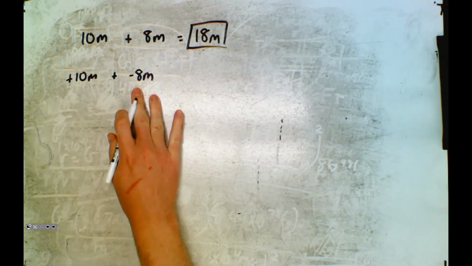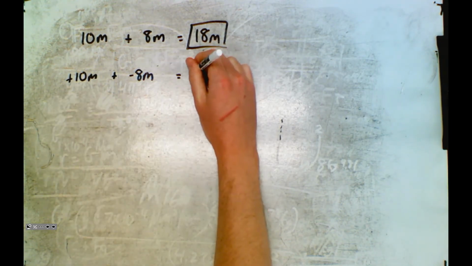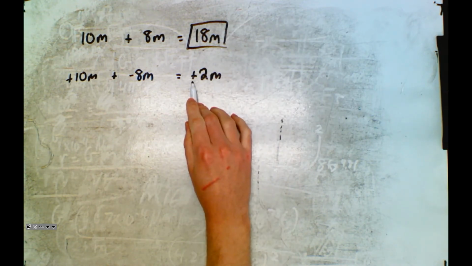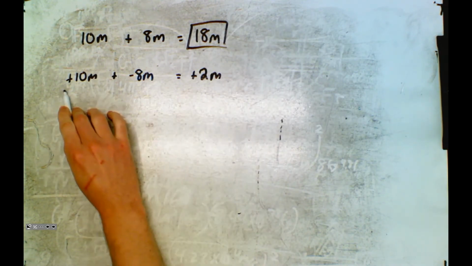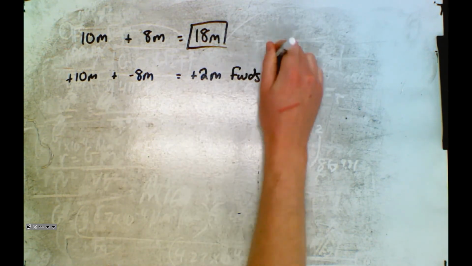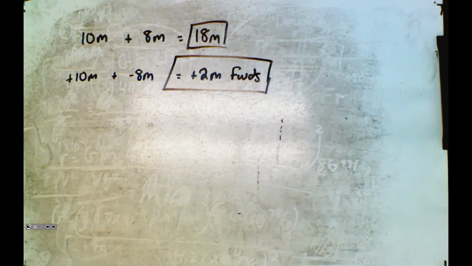So positive 10 plus negative 8 is going to equal positive 2 meters. And we have to indicate what this positive means, right? We made positive forwards, negative backwards, so we have to have a direction after our magnitude. So we end up getting 2 meters forwards as the answer. If you didn't put that forwards in there, it wouldn't be correct.